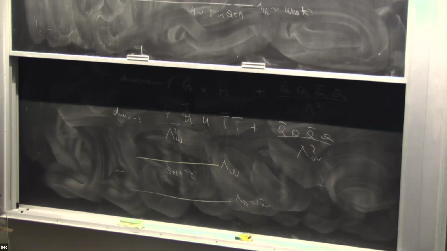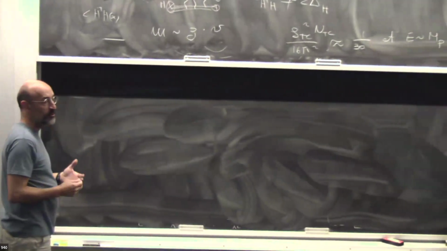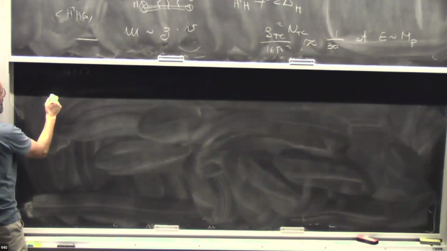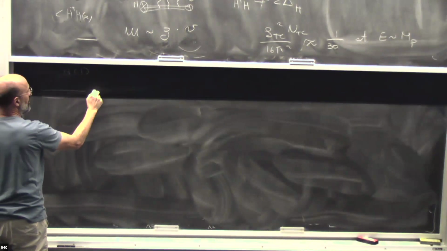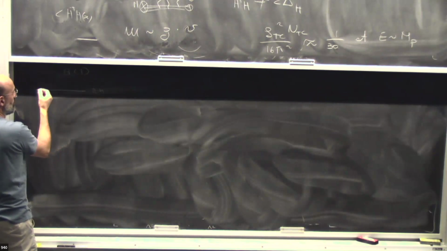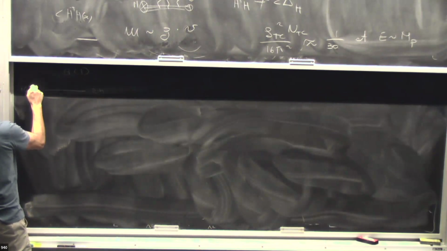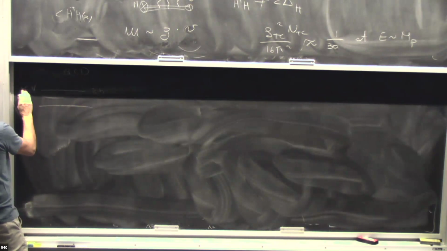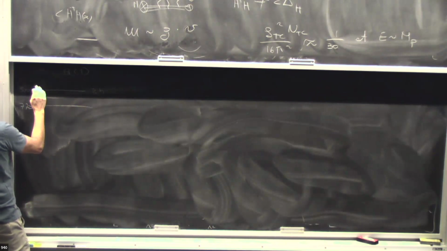So as I said, the situation in QCD is that you have the proton, the neutron at around 1 GeV, very roughly, at 930 MeV.